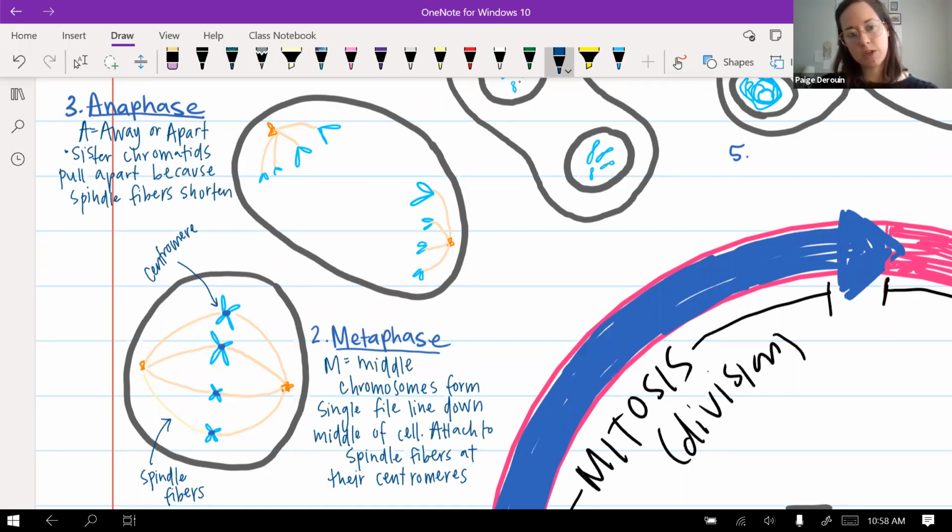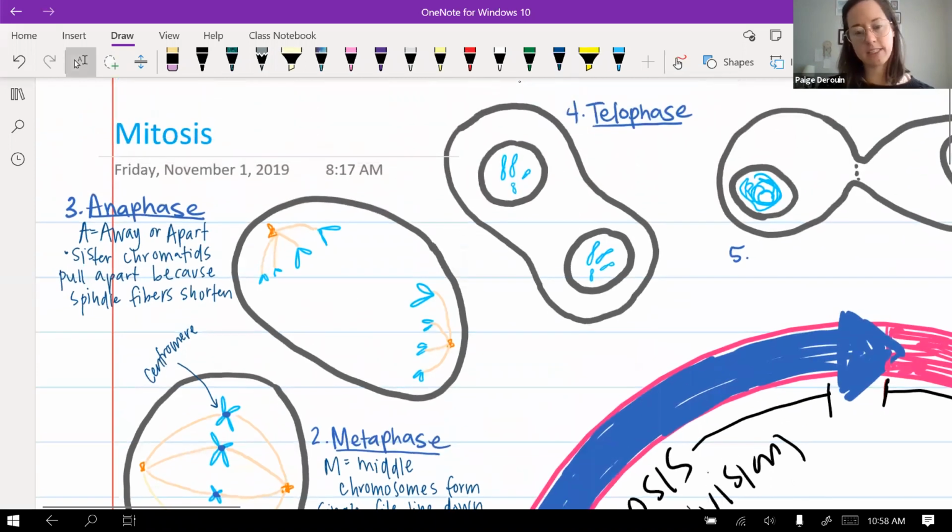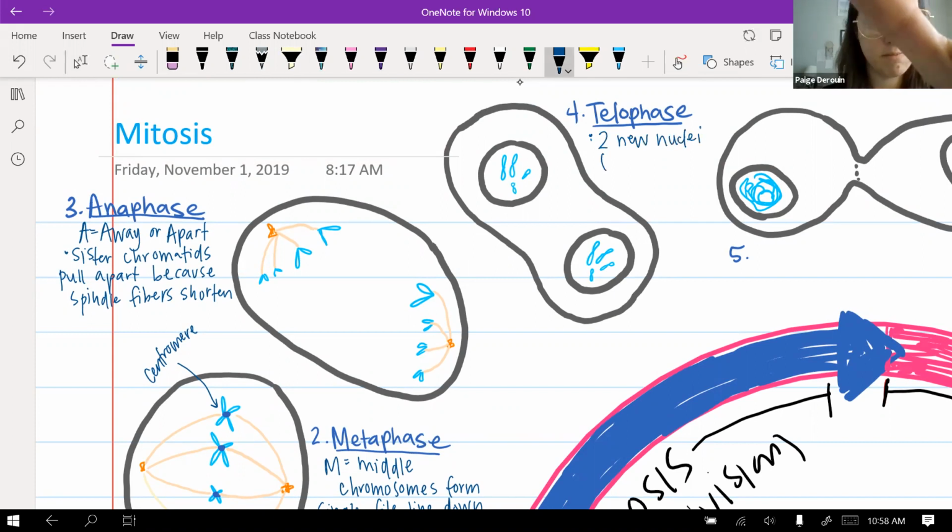Now it's time for step 4, which is telophase. Telophase happens really, really fast. So fast that it's usually lumped together with step 5. But what happens here is that 2 new nuclei form around each set of chromosomes.